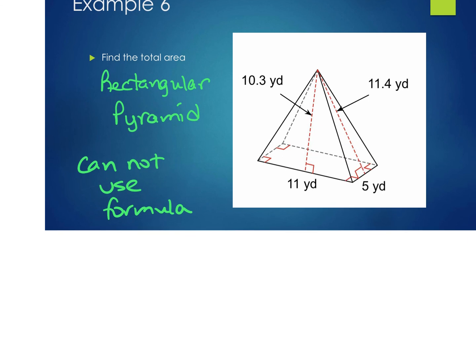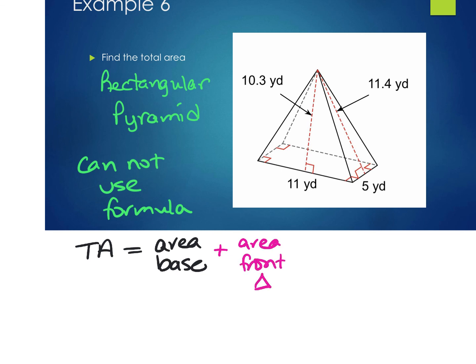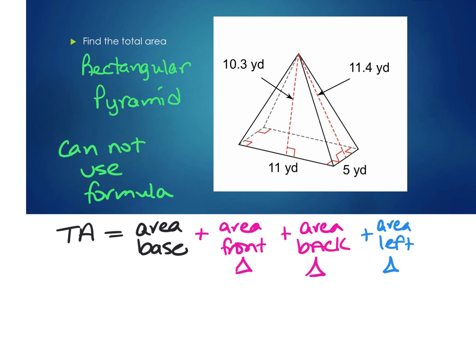So what we're going to be doing for total area, we're going to find the area of the base, and then we're going to find the area of the front triangle plus the area of the back triangle plus the area of the left triangle plus the area of the right triangle.